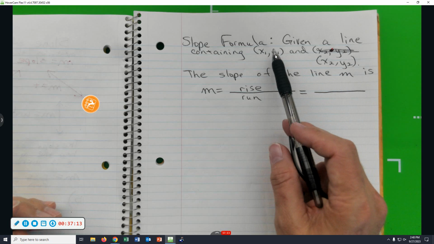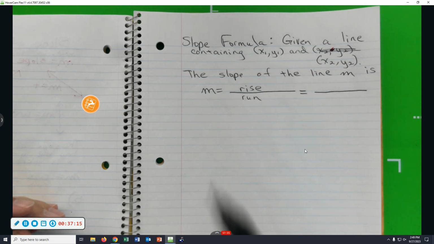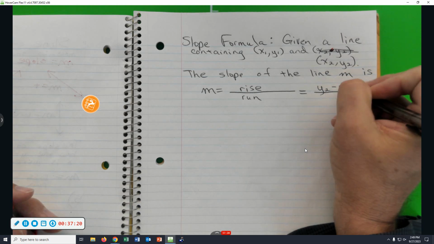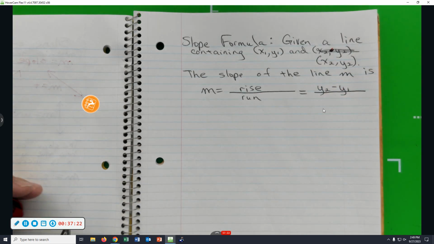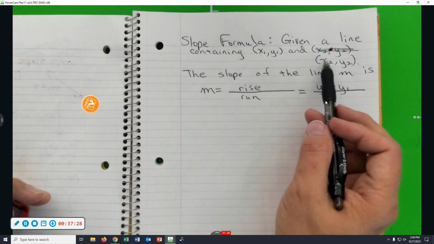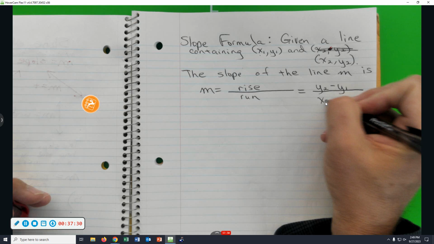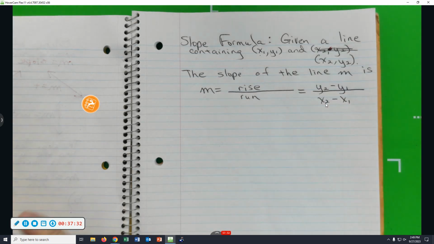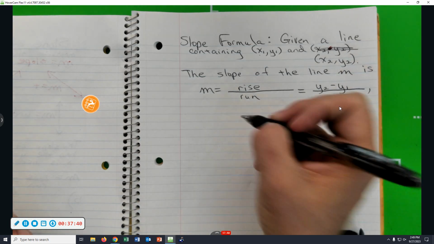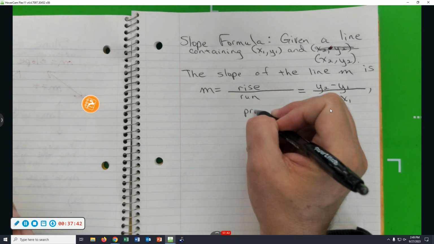Don't the y coordinates give you the vertical movement? So we'll say y2 minus y1, and the run, that's the horizontal movement, so the difference in the x values, x2 minus x1, provided these x values aren't equal.